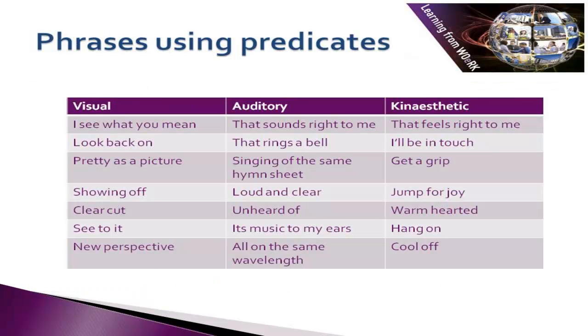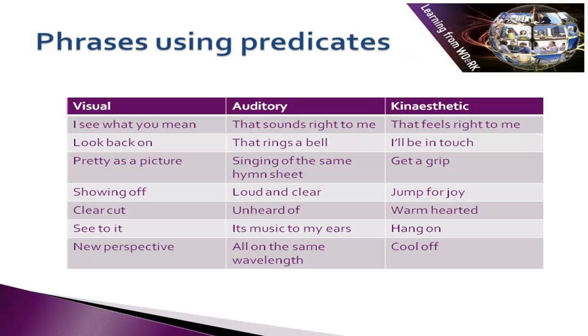Here are some phrases using the different predicates. So in visual you can have, I see what you mean, look back on, pretty as a picture, showing off, clear cut, see to it, a new perspective.